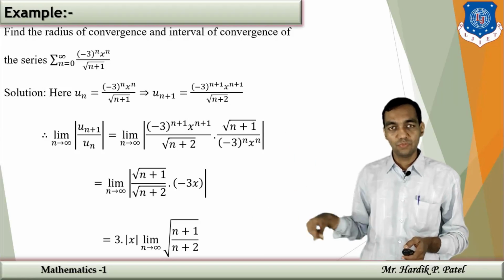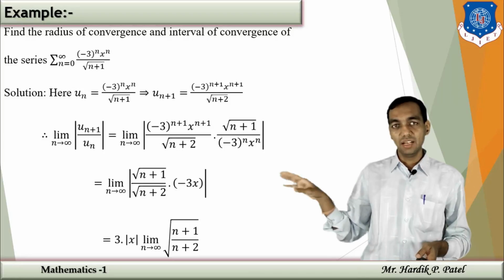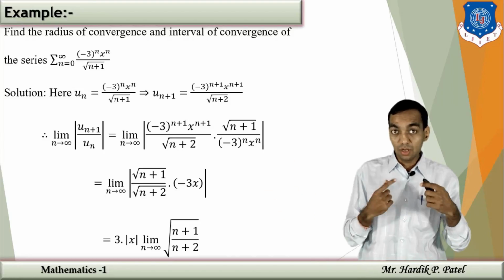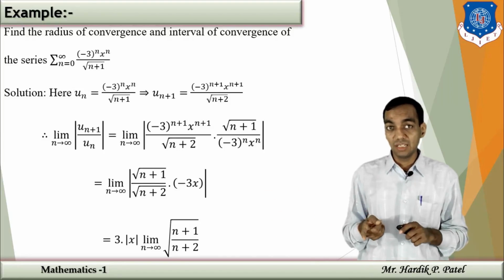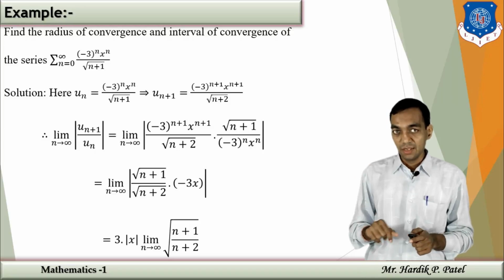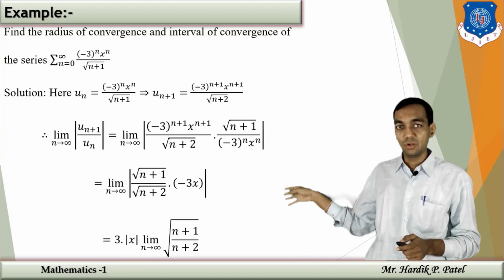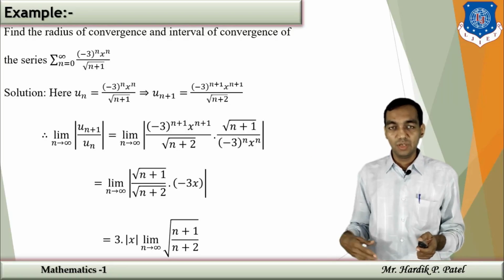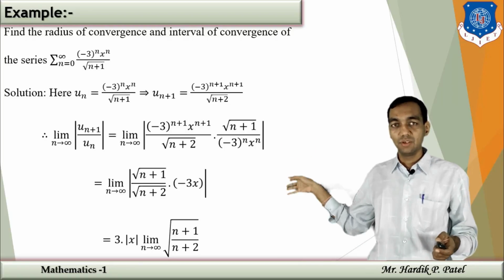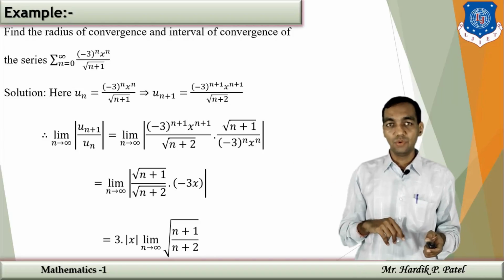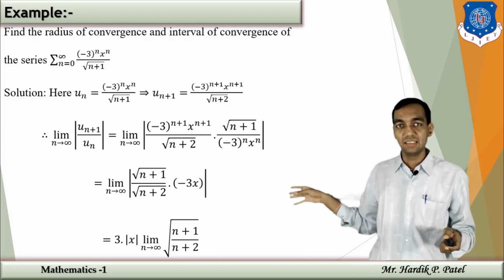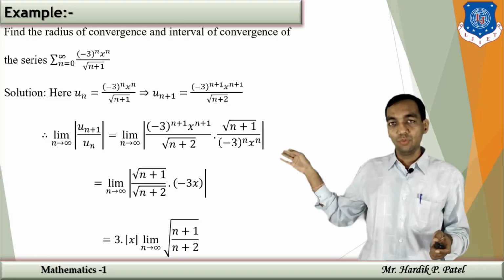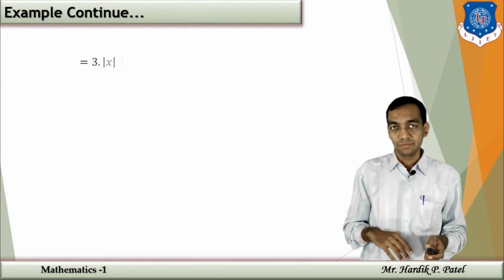So you will have mod of 3x, or 3 into mod x. As we are not aware whether x is positive or negative, that's why we have to write the mod. And the remaining part is nothing but under root of n plus 1 upon n plus 2. Divide numerator and denominator by n and simplify, that will give the limit a value 1. So the final limit has the answer 3 into mod of x, correct?